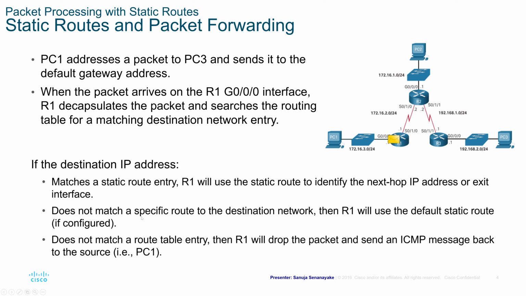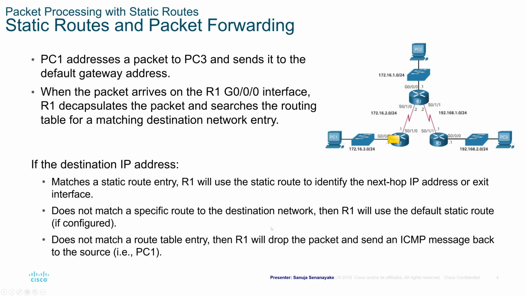If it does not match a specific route to the destination network, then R1 will use the default static route if it is configured. If it does not match a route table entry, then R1 will drop the packet and send an ICMP message back to the source, in this case PC1.